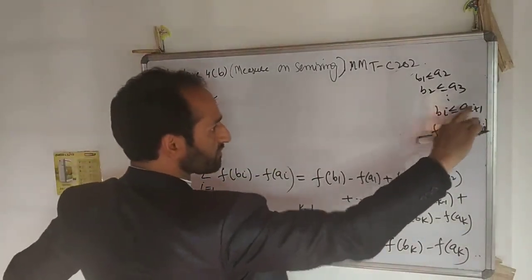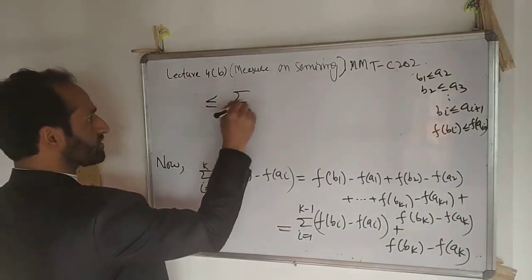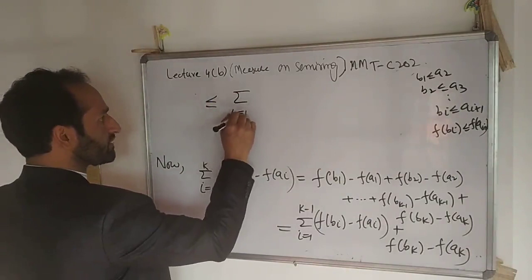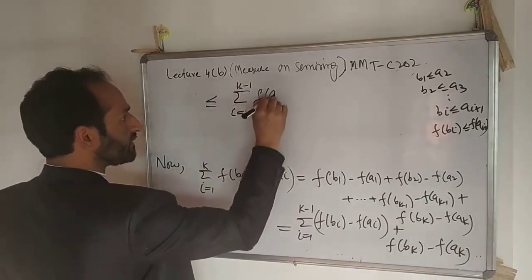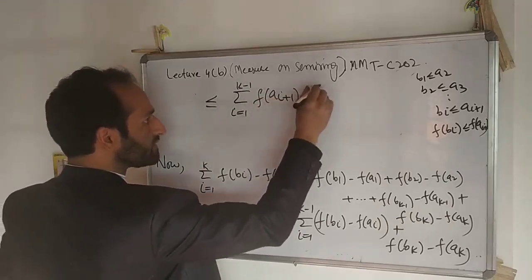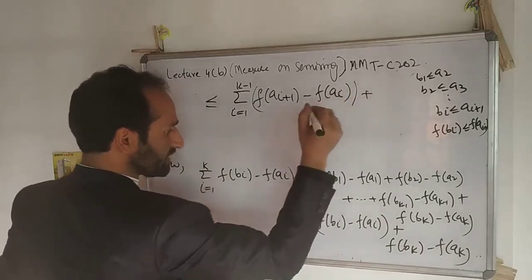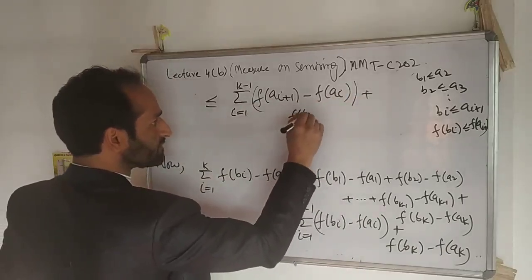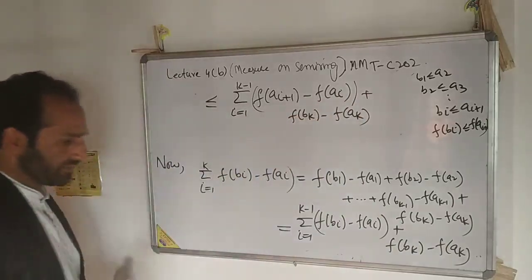So it will be less or equal to summation i runs from 1 to k minus 1 of f of a(i+1) minus f of ai, plus f of bk minus f of ak.